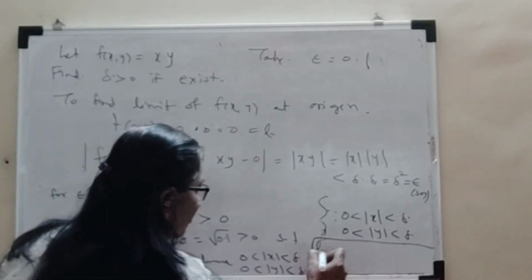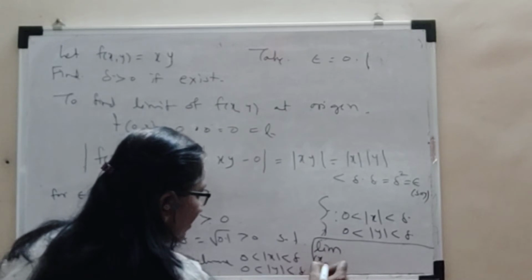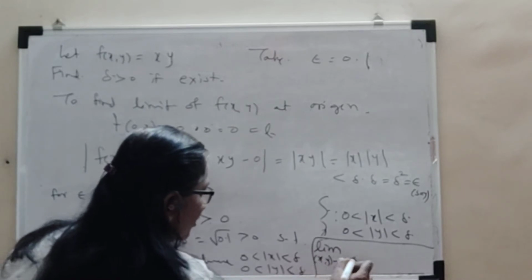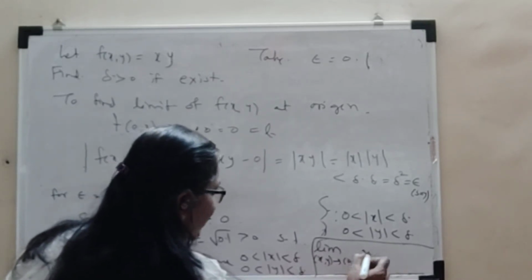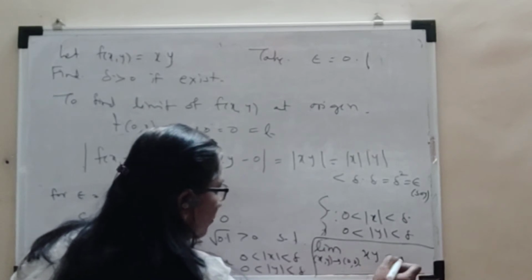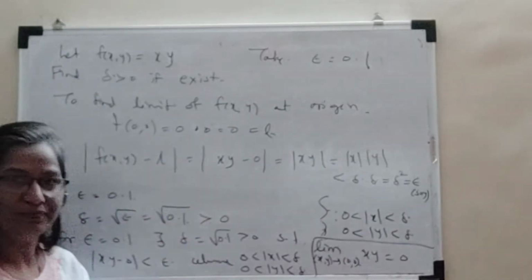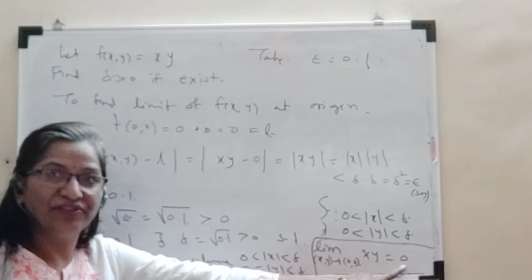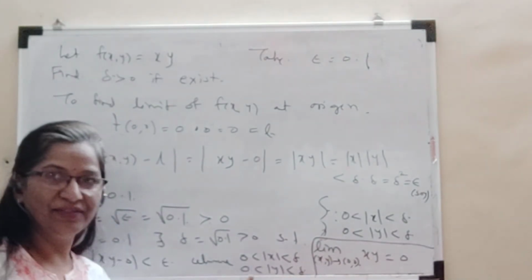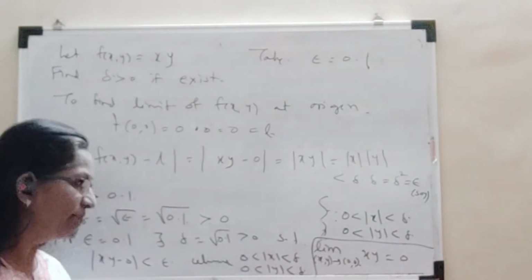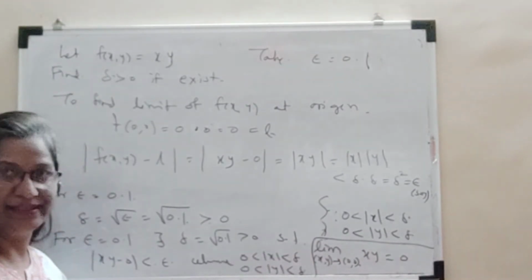And in short, we say that limit as (x,y) tends to (0,0) of f of xy, that is nothing but xy, is equal to 0. So the limit of this function is 0 by using the epsilon-delta definition. For any epsilon, we are able to find this delta.